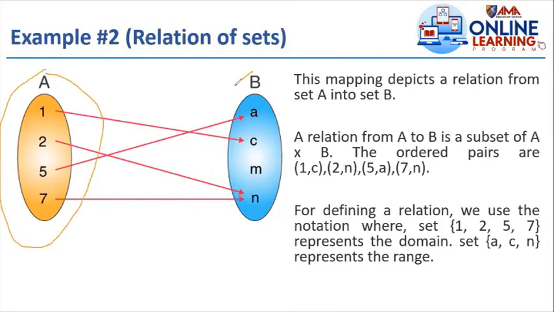And then we have here our range, but our range is only A, C, and N, the ones with connections. M is not included. So the domain is the values of x, as in the ordered pair, and the range is the values of y. So our domain is 1, 2, 5, 7, and our range is A, C, N.